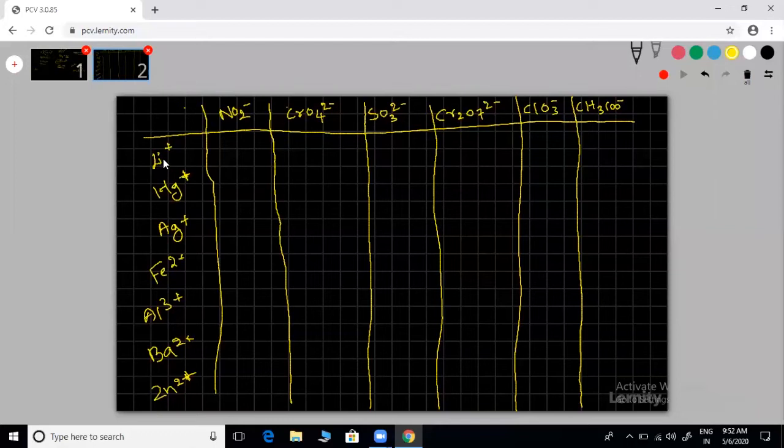Hg plus, lithium plus, Ag plus, Fe2 plus, Al3 plus. First note down the table properly.